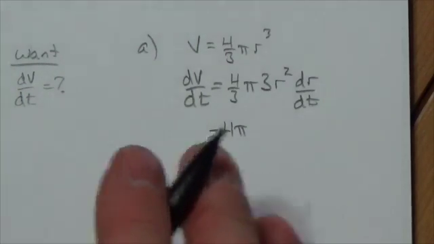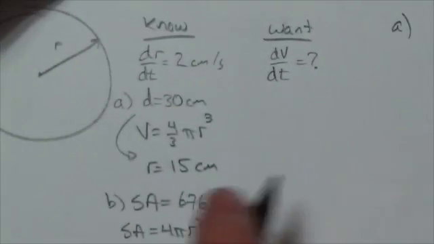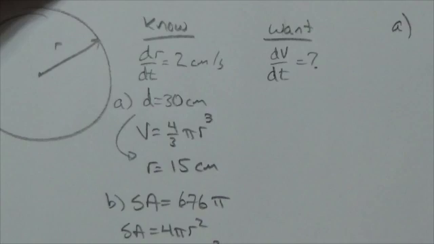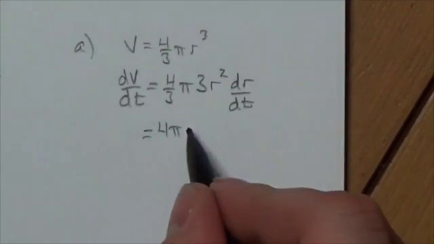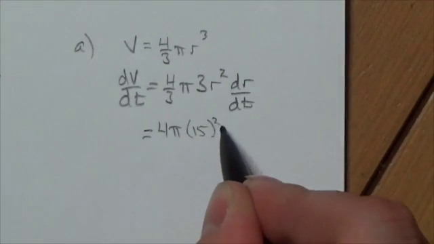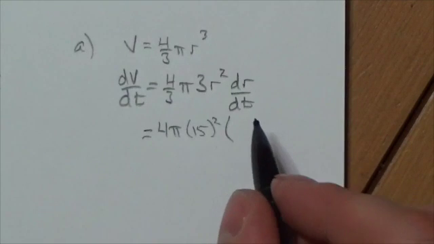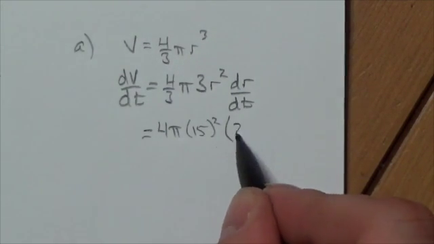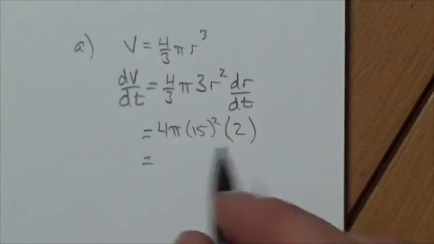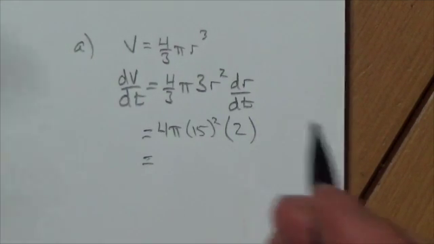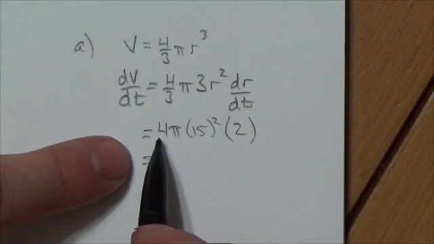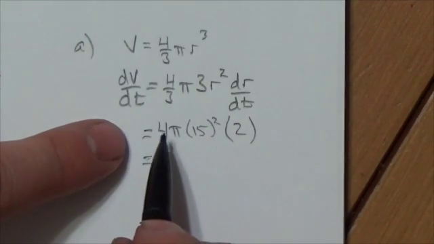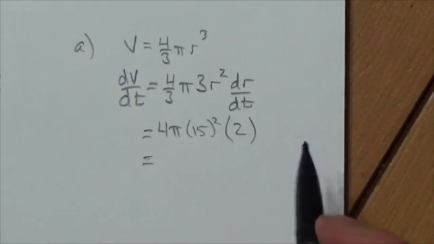For part A, we determined that the radius was equal to 15, so I can plug that in. This will be 15 squared, and I know that dr by dt was equal to 2. So the rate of change of my volume is 4 pi times 15 squared times 2.